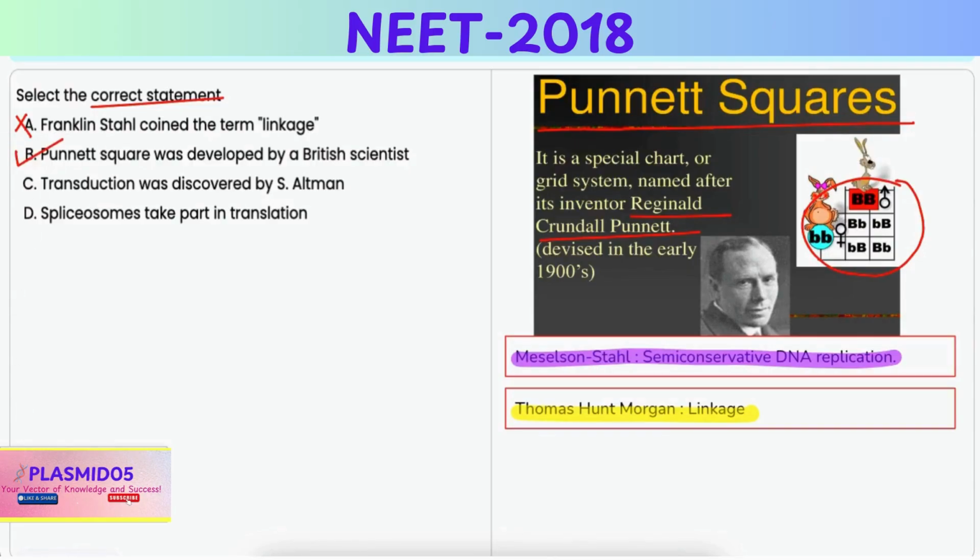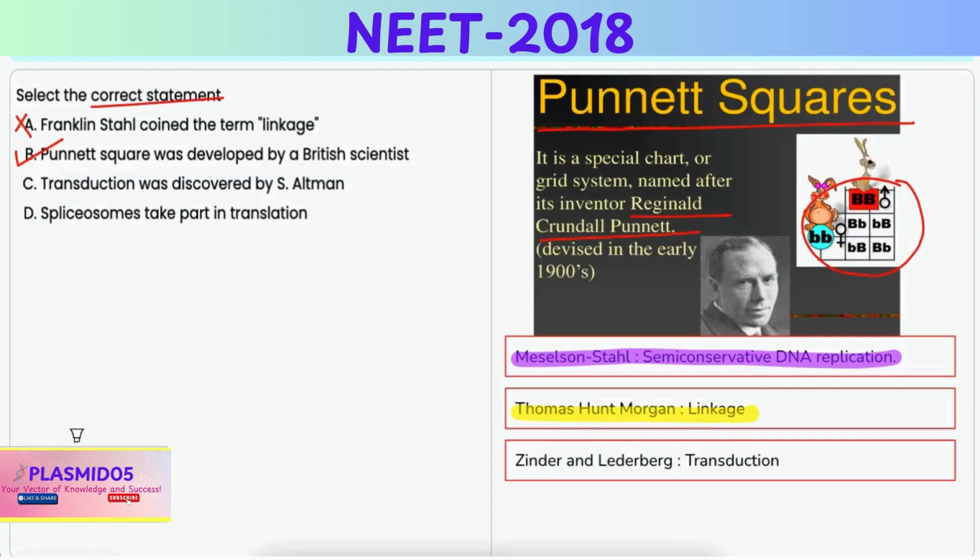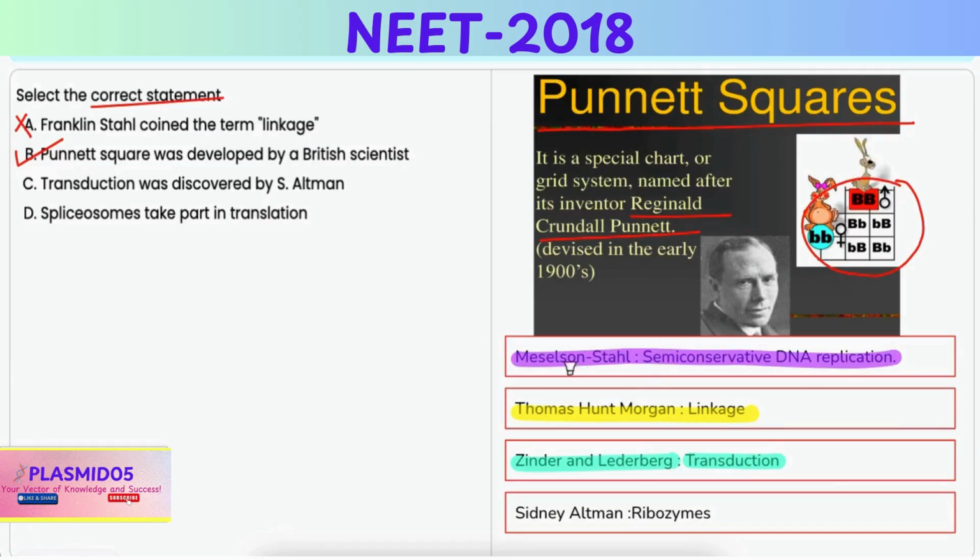Option C, transduction was discovered by Sidney Altman. It is also incorrect because transduction, that is a process where bacteriophages transfer genetic material between bacteria, was discovered by Zinder and Lederberg. And Sidney Altman is known for his work on RNA enzymes, that is ribozymes.